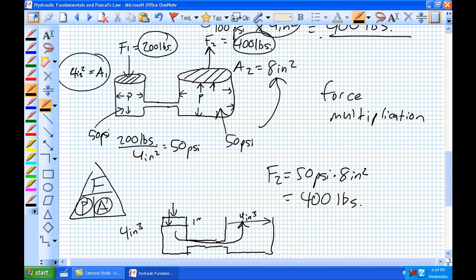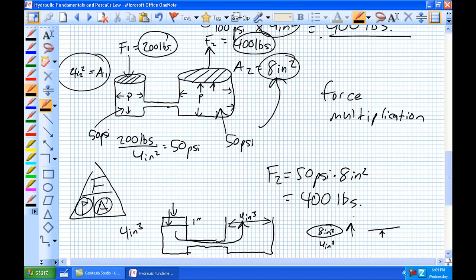But look at how much bigger the surface area is. So, how far up will a disk of, in our particular example, 8 inches squared go when there is 4 cubic inches below it? And the answer is a half inch. It's going to only go up half the distance.